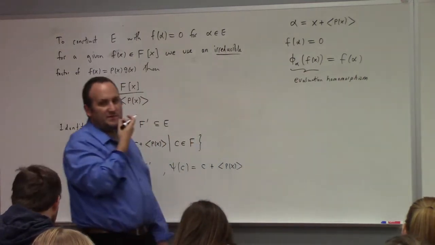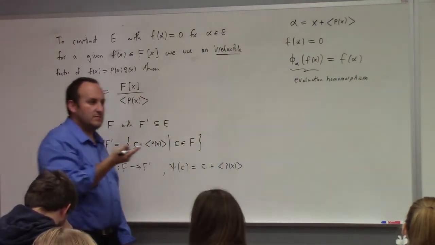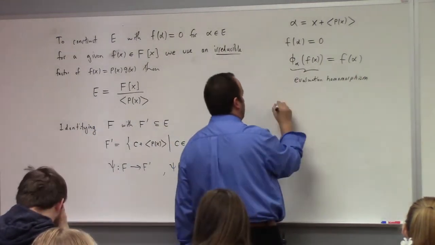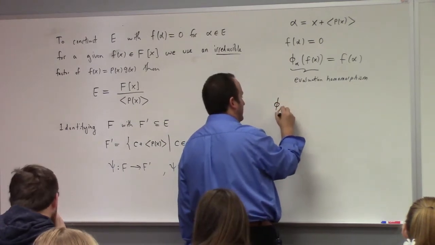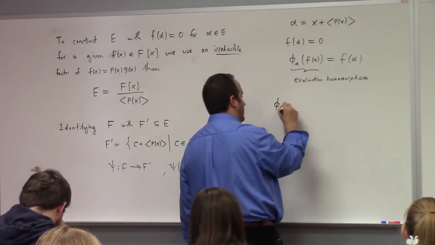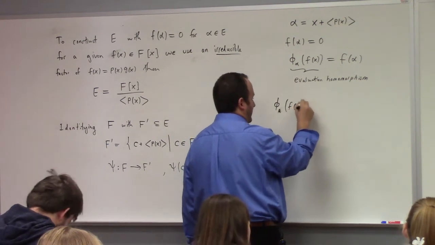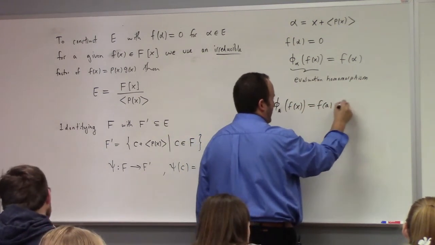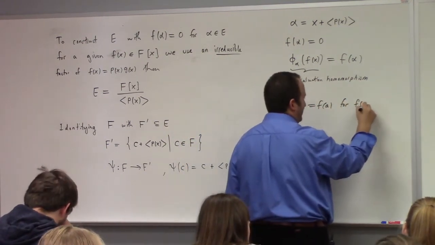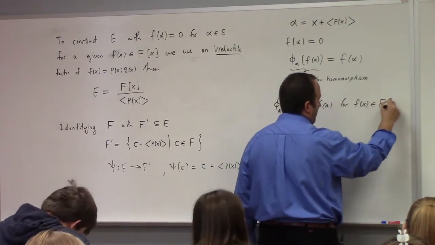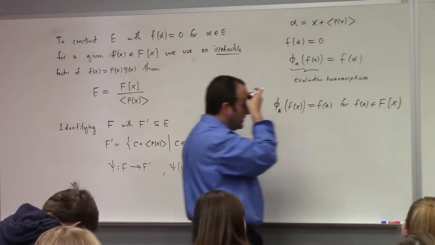How did we define that before, though? We said phi sub a of f of x was equal to f of a, but this was for f of x over polynomials over a field.